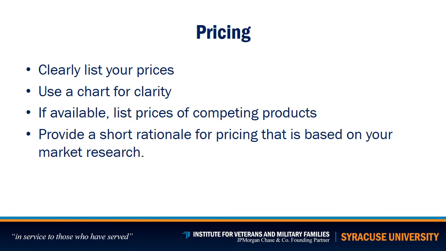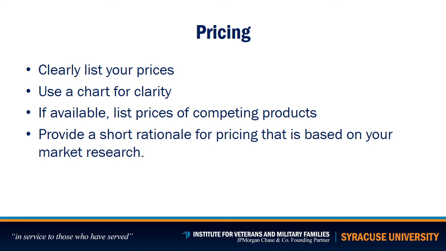Okay, pricing. This is pretty simple. All you have to do is clearly list your prices. It's much easier just to use a chart for clarity rather than text. If you do have pricing available from competing products or maybe the next best alternative, I would include that just for comparison. It kind of reinforces the value proposition for your particular product or service. And then it's also important to provide a very short rationale for your pricing that's based on your market research, because a number is just a number, right?